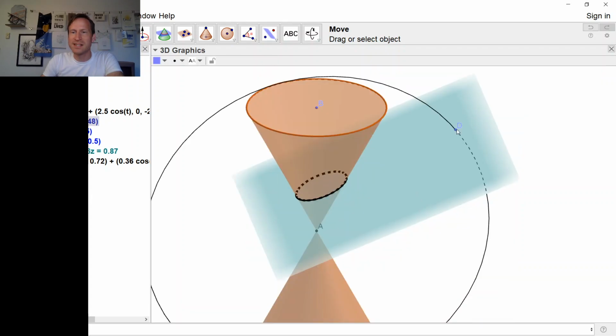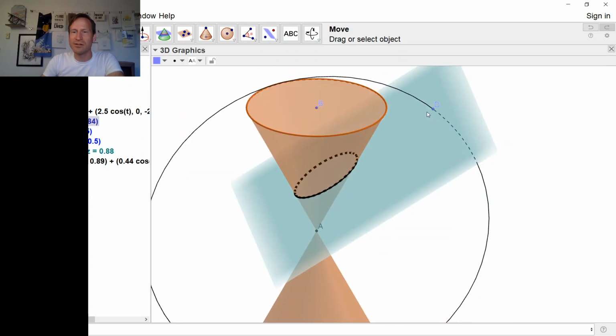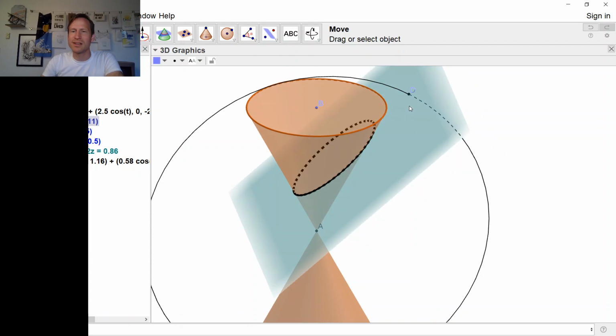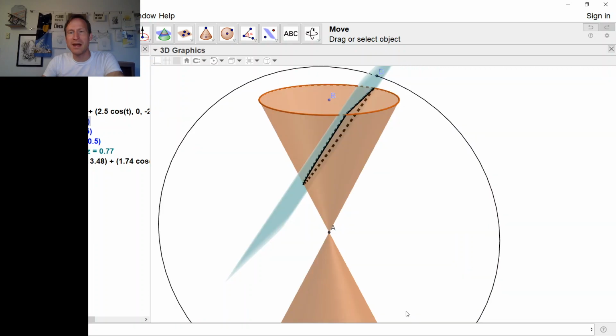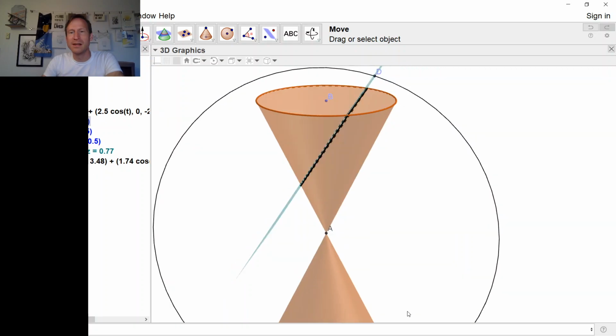Now, the more we tip this plane upwards, the longer the ellipse gets, until at a certain point, you have to imagine that this cone extends infinitely up. So it doesn't have this flat top, but just keeps going up and up and up. But at a certain point, the plane will actually be parallel to the side of the cone.